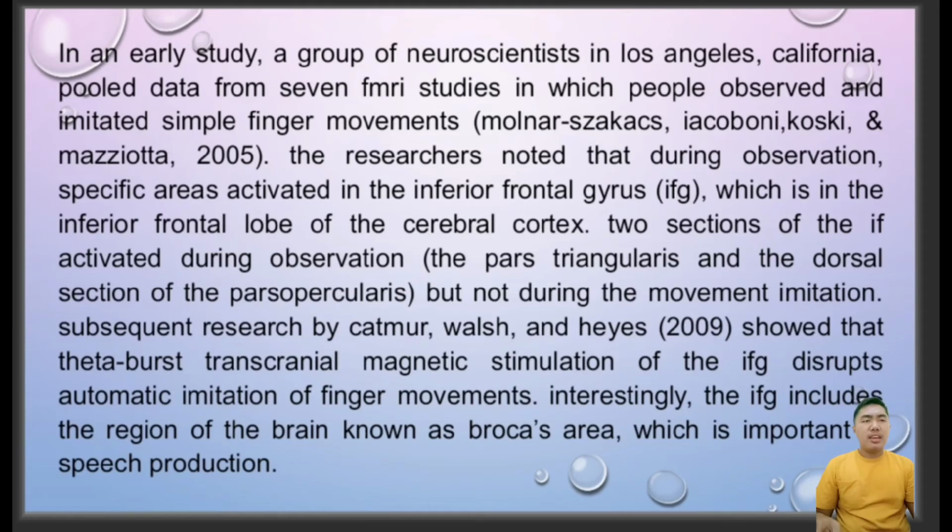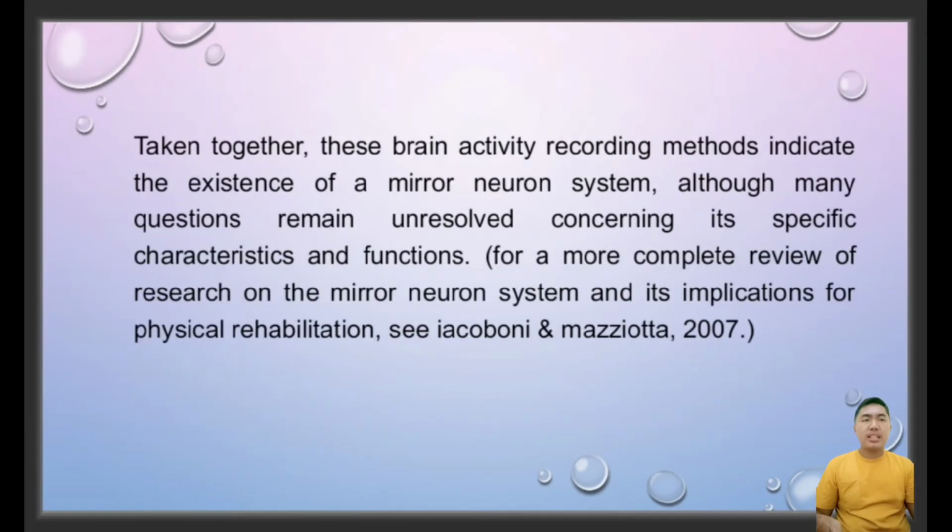Interestingly, the IFG includes the region of the brain known as Broca's area, which is important in speech production. Taken together, these brain activity recording methods indicate the existence of a mirror neuron system in the brain, although many questions remain unresolved concerning its specific characteristics and functions.